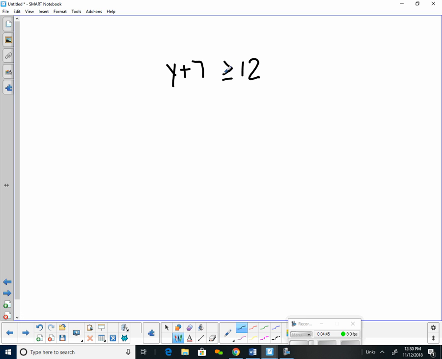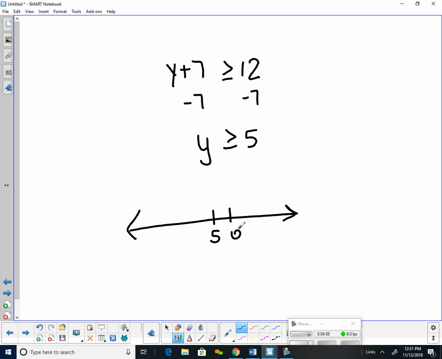This one we have a greater than or equal to, so I'm going to subtract 7 from both sides, so I get y is greater than or equal to 5. Now this time, after I circle my 5, I'm going to shade it in because of the or equal sign right here. y is representing all the numbers greater, so again, I'm going to shade that line and arrow as well.